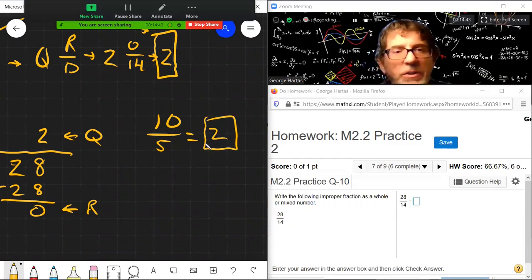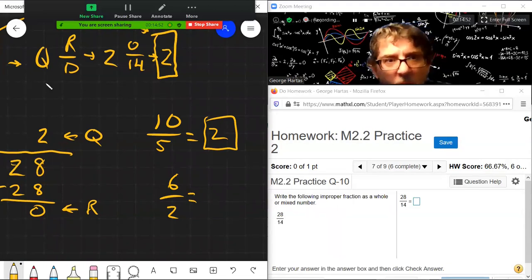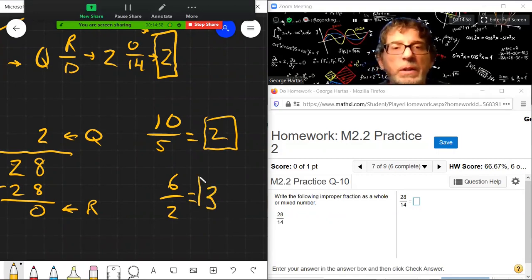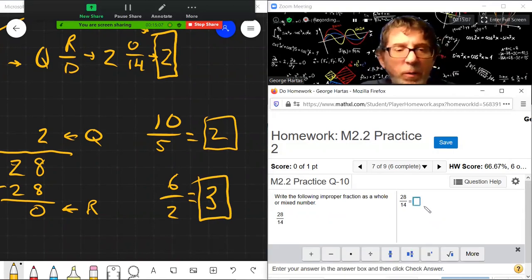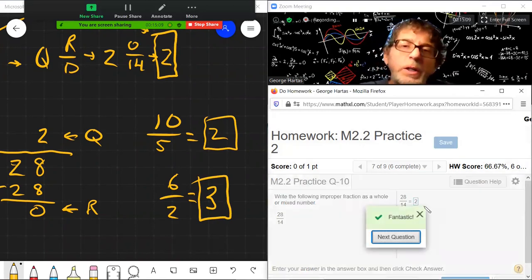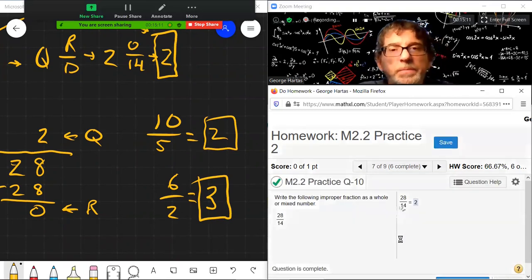See that? 6 divided by 2, I'm not going to bother with the whole QRD thing because I know 6 divided by 2 is exactly 3 with nothing left over. Done. All right, so back to our answer. Our answer is 2. Let's type that in there. So keep that in mind. Watch out for that situation where there's 0 remainder.